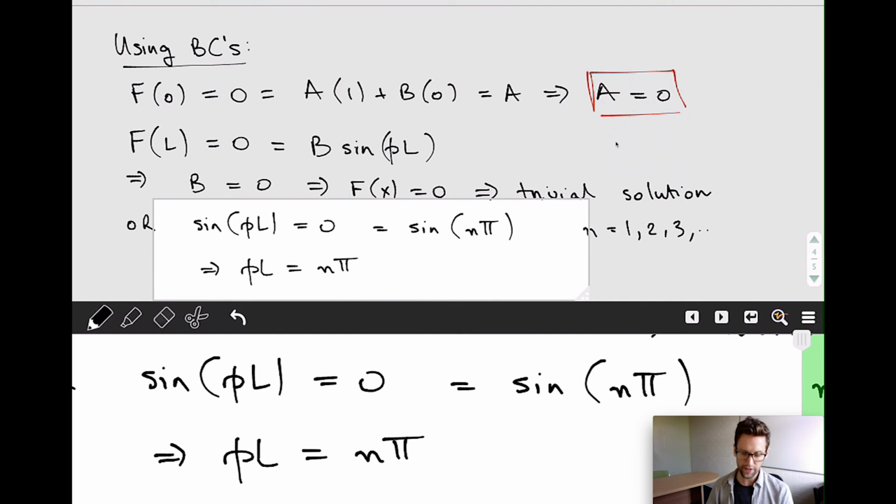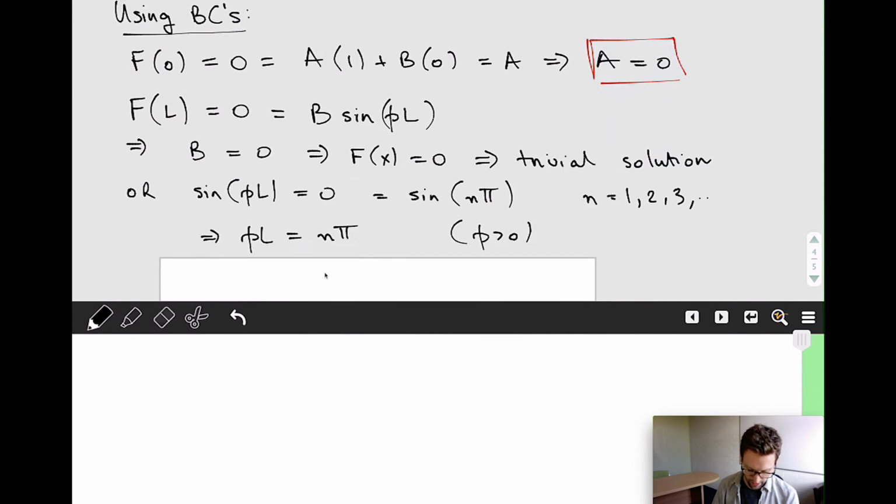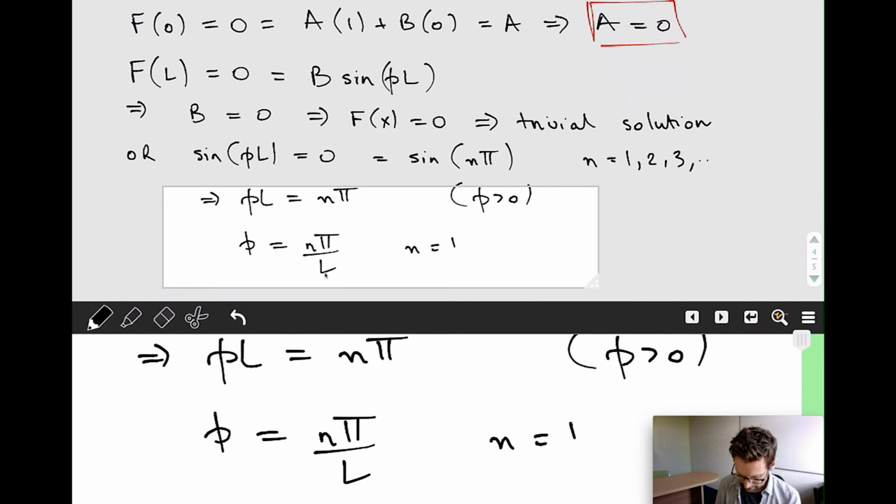Notice that I didn't include the possibility that n was equal to 0 there, because that would have given me p is equal to 0, and I've already excluded the possibility that p is equal to 0. But p is equal to n pi over L works perfectly fine as long as n is an integer greater than 0.